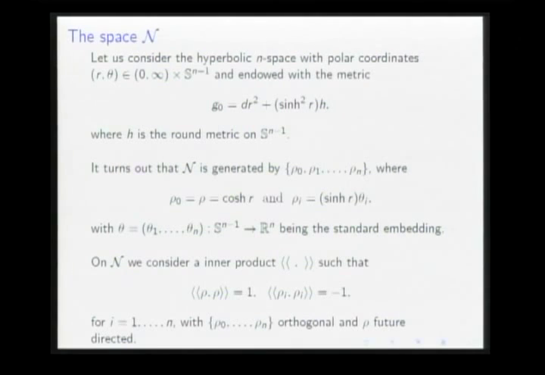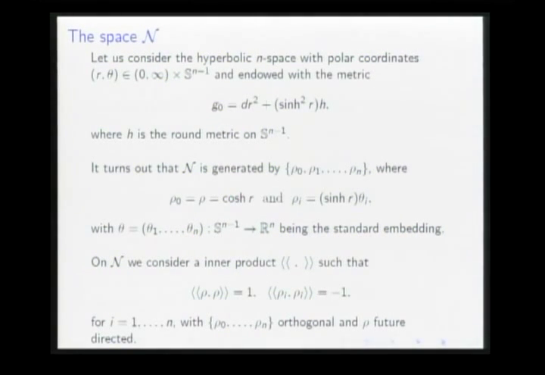So the space N, if you use this model for hyperbolic space, is going to be this one. The first function, which we call rho, is hyperbolic cosine of r, and the other ones are hyperbolic sine of r times the standard embedding in R^n.